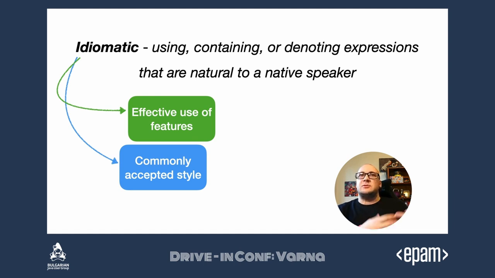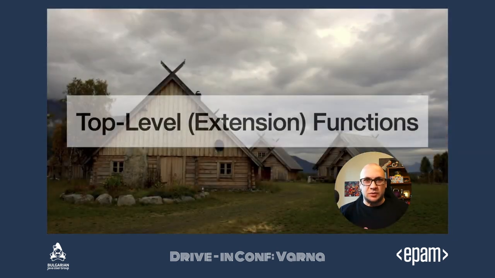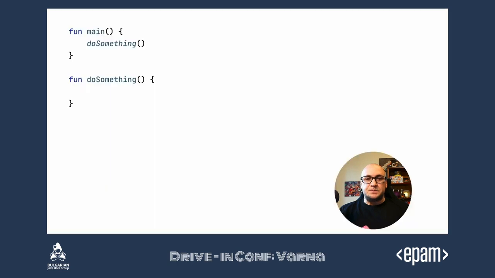The first language feature I want to talk about is top-level functions, and more specifically extension functions. The fact that we have top-level functions in the language changes the way we structure our programs, and I think it's worth talking about this feature in the first place.